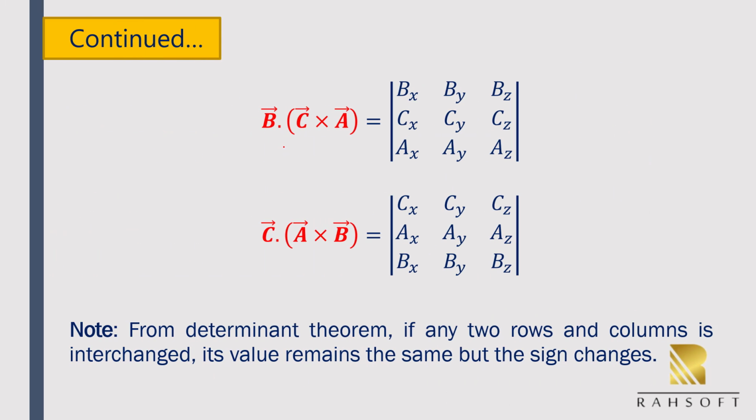And similarly you can write B dot C cross A, that means Bx By Bz, Cx Cy Cz, Ax Ay Az. And in the same manner C dot A cross B, you can write Cx Cy Cz, Ax Ay Az, Bx By Bz.